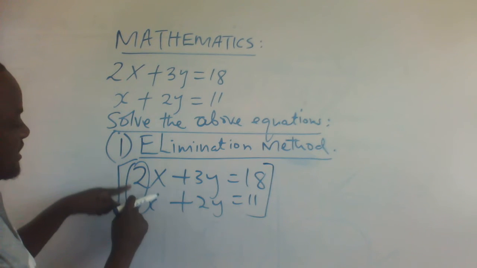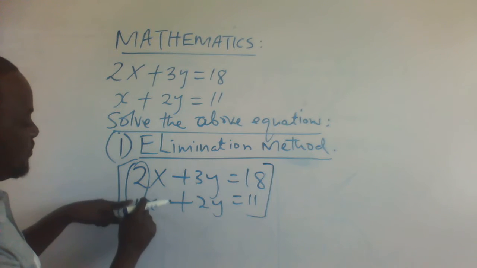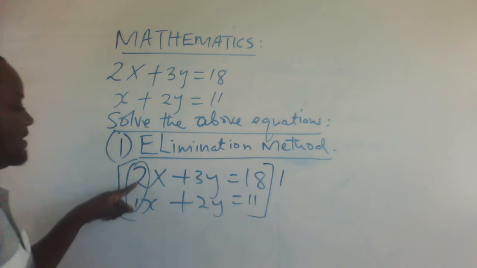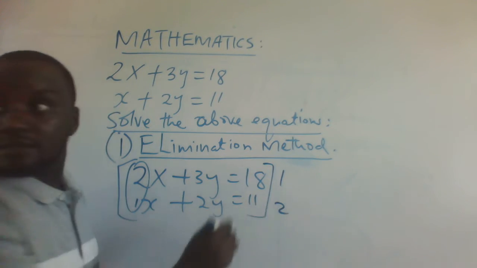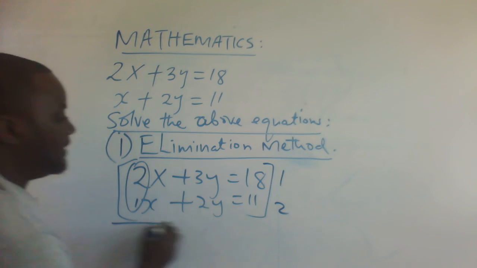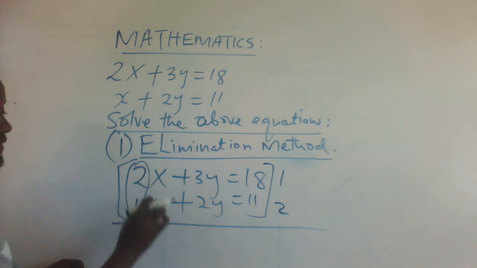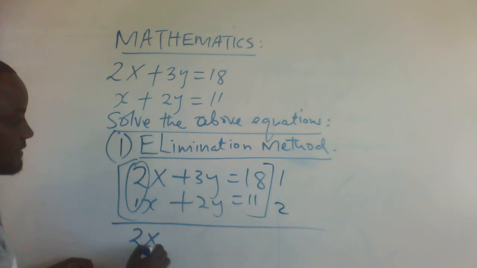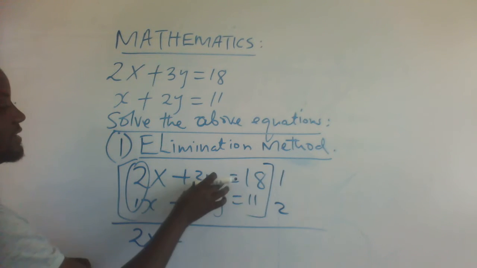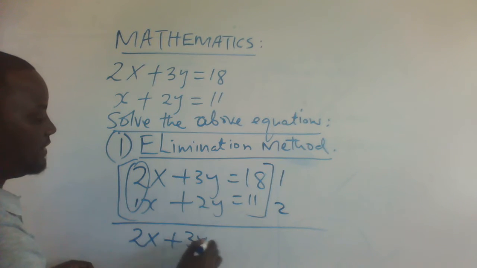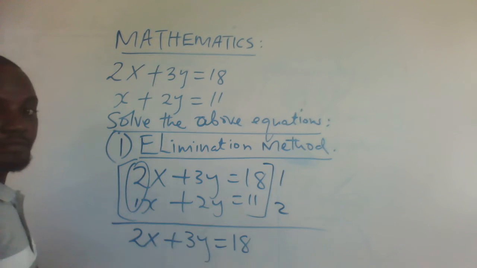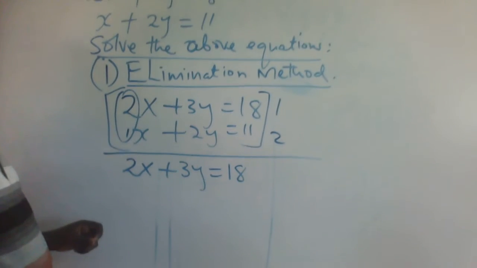Now you interchange these numbers. This 1 will multiply the first equation, this 2 multiplies the second equation, and this will give us 1 times 2x, which is 2x, plus 1 times 3y, 3y, equals 18.